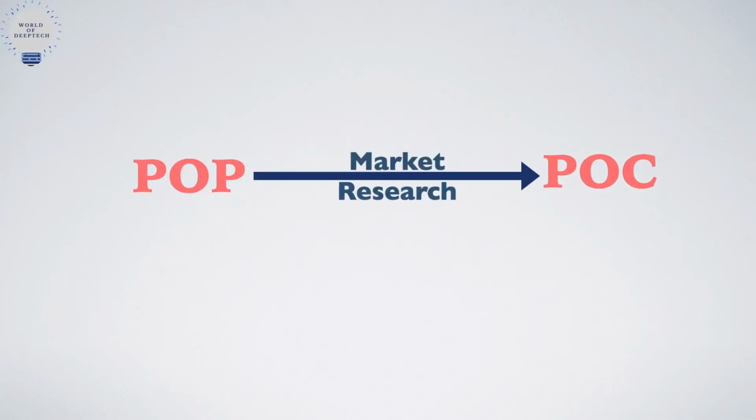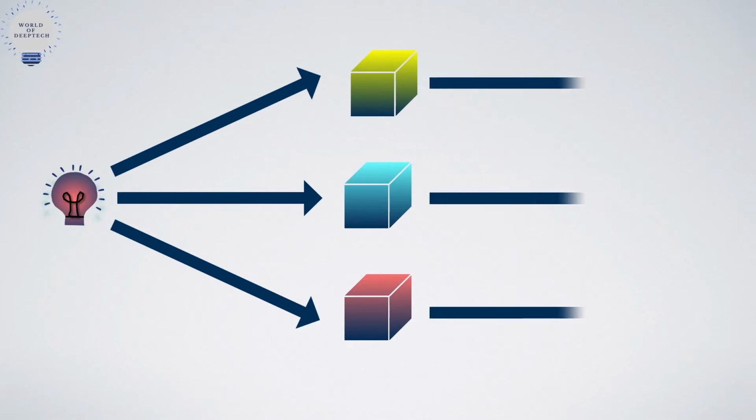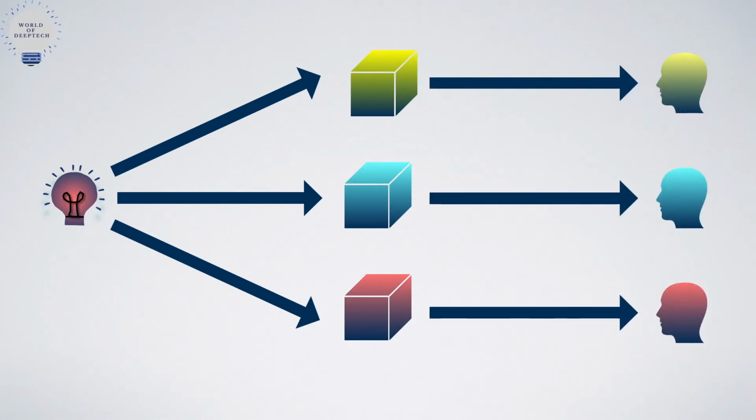Let's look at the market research required before we start building a proof of concept prototype. As we discussed in my earlier video, the same technology can be applied to create different kinds of solutions targeting different customers. Each of these solutions will have to be developed independently and taken to different markets.